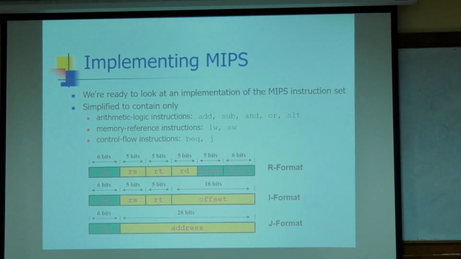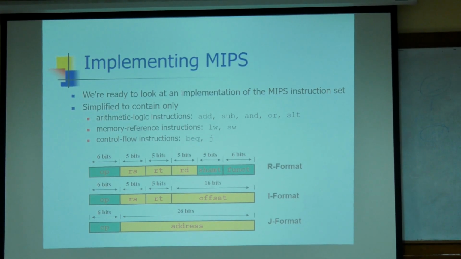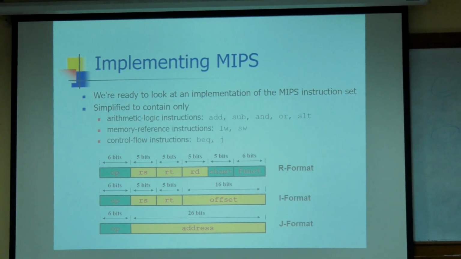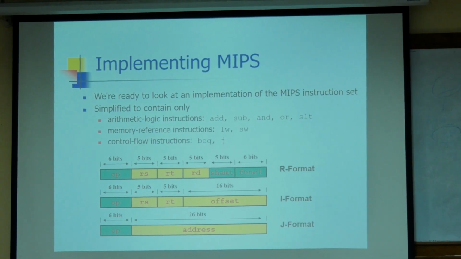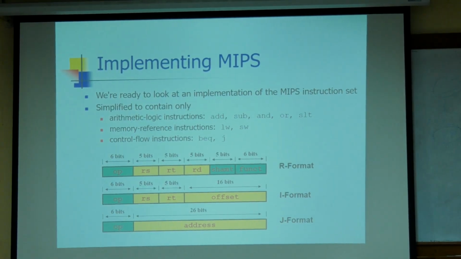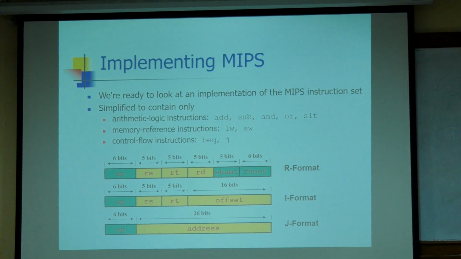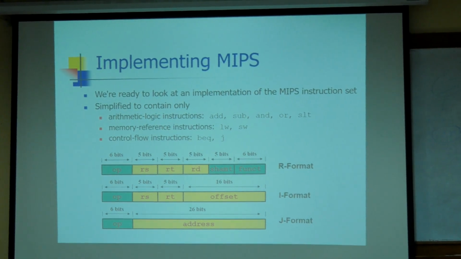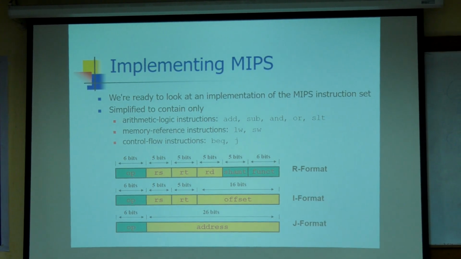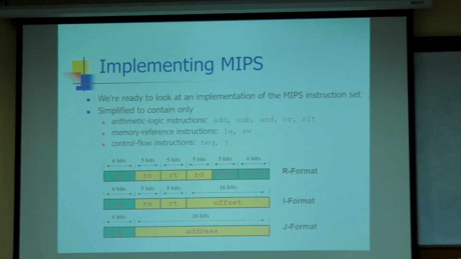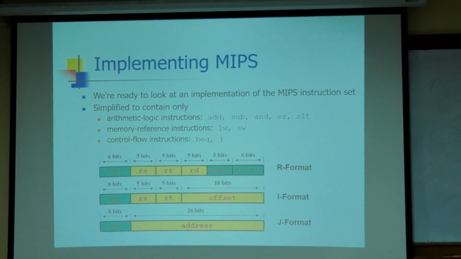Here are the instruction formats, showing the different types of instructions. We are ready to look at an implementation of the MIPS instruction set simplified to contain only a few instructions: arithmetic and logic instructions, memory reference instructions, and control flow instructions. So these three types of instructions it is going to support.